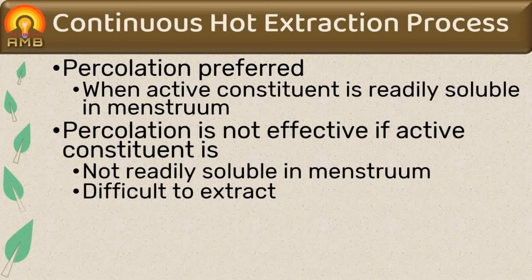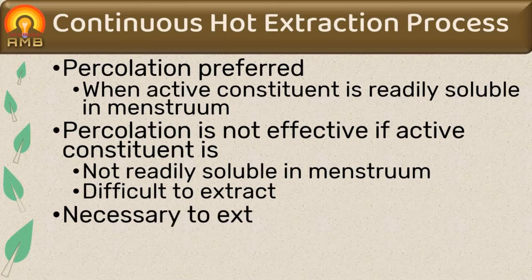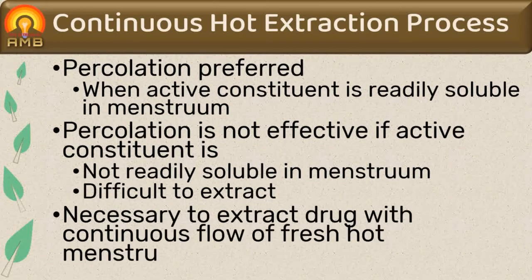In this case, it becomes necessary to extract the crude drug with a continuous flow of fresh hot menstruum. This process of extraction is called continuous hot extraction process. Fixed oils from seeds and alkaloids from drugs are extracted by such a mechanism.